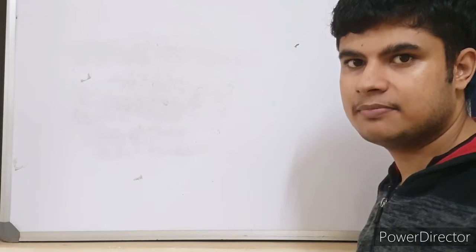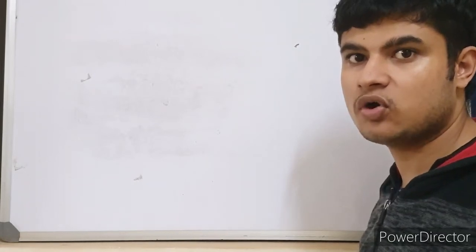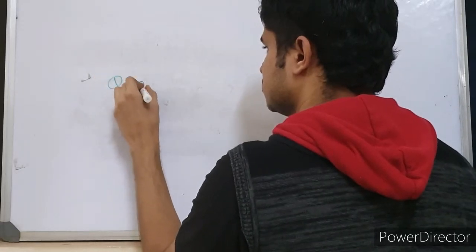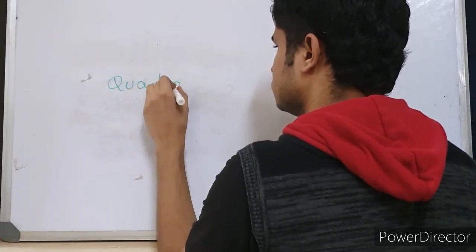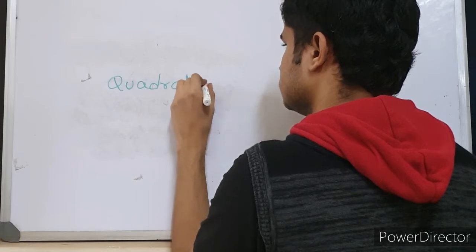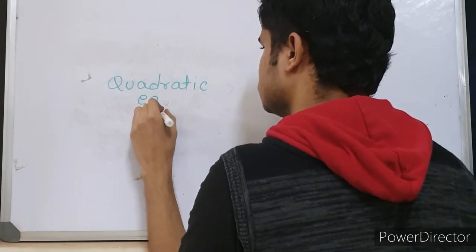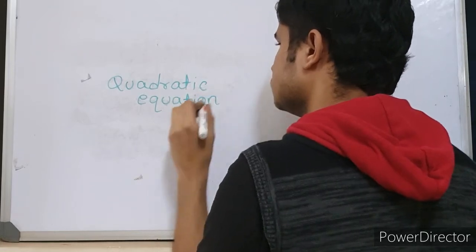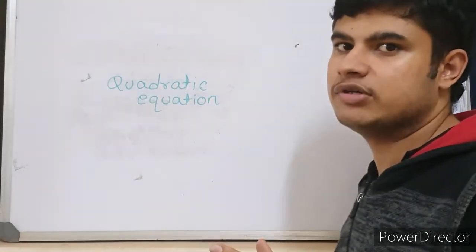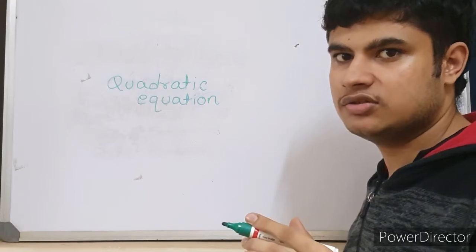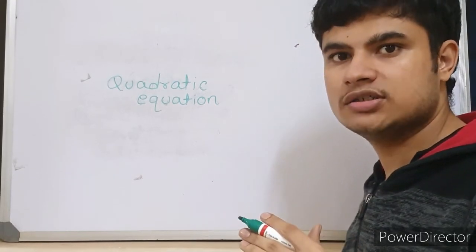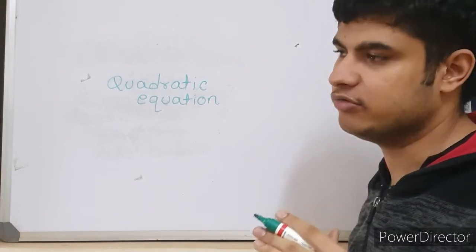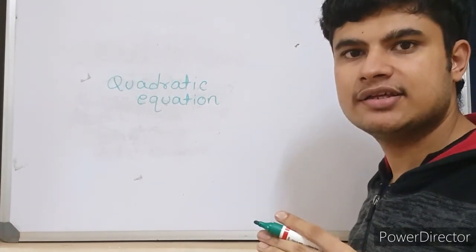Let me begin by defining something known as a quadratic equation. So what is a quadratic equation? An equation whose highest order or degree is 2 is called a quadratic equation, and I will put this in a general form.